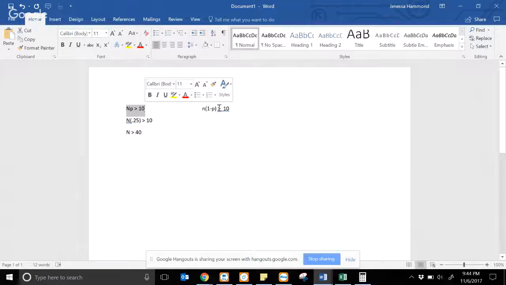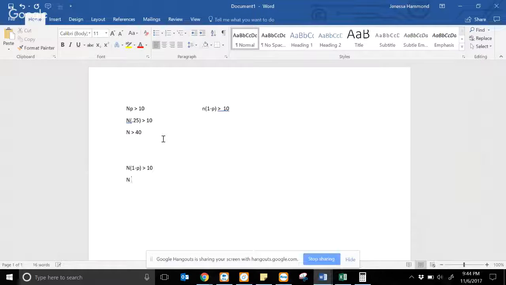Okay, so both requirements, this one and this one, both have to be met. So now let's do the other one. We have n times 1 minus p is greater than or equal to 10, and p is 0.25, right? Yes.